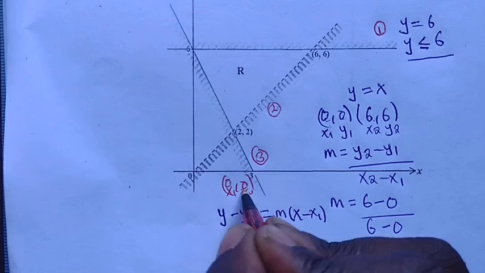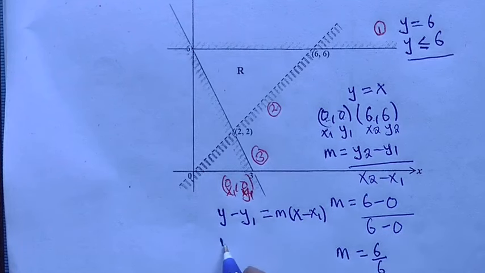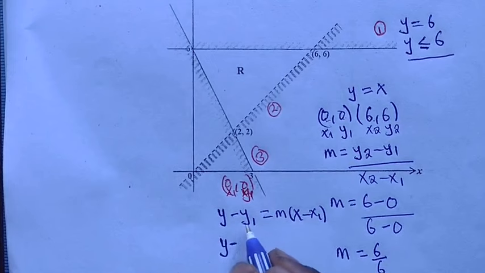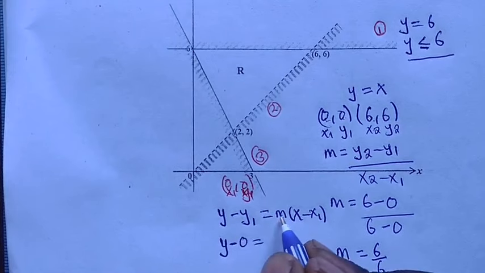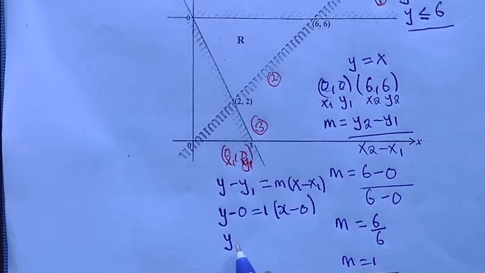This is y1. Okay. So you just substitute. You say y minus y1, it's a 0. m is the gradient, the value it's a 1 that you have found. Then x minus x1, it's a 0 also. So we have something like this, y equal to 1 times x, it's x, 1 times 0, it will give us a 0. So it will give us y is equal to x.